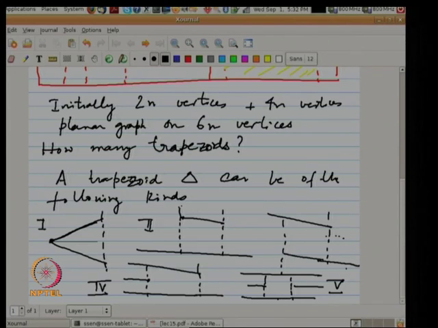Okay. And if you think about it, the maximum number of line segments that define a trapezoid is given by number 5, right. So, there are at most 4 lines that can define a trapezoid.